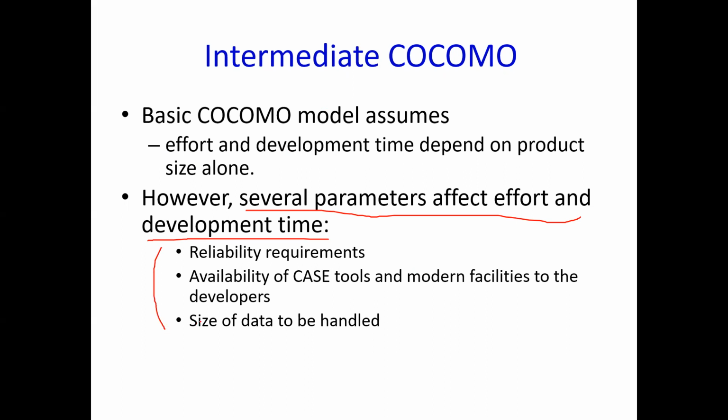Suddenly, see, one employee's effort is very good, but suddenly that employee's mother expired. At that time, what happens? Will that affect your product effort? Yes or no?